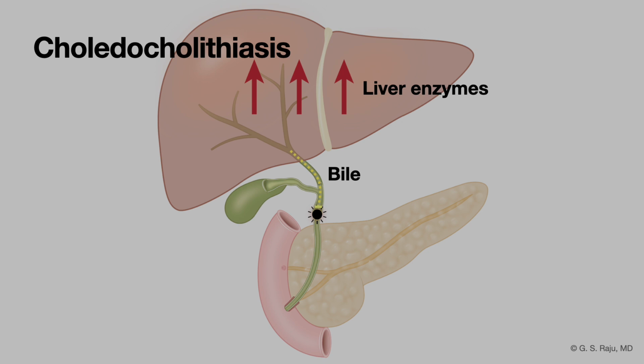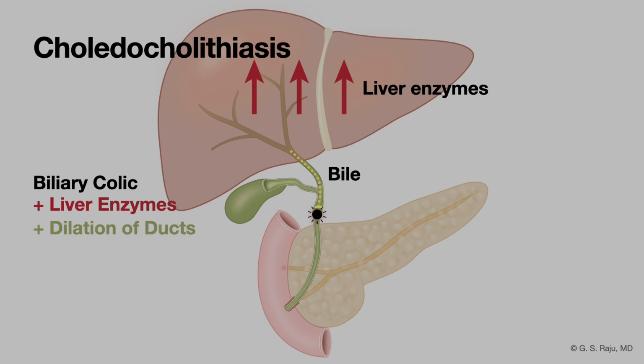So when you have this problem with a blocked bile duct, they have biliary colic pain, they have elevated liver enzymes. And when you get an ultrasound or an MRI, the duct looks dilated above the stone. Sometimes you may see the stone also.